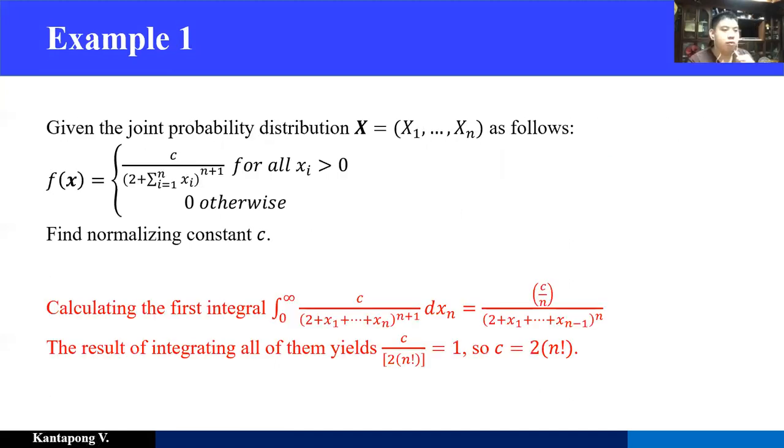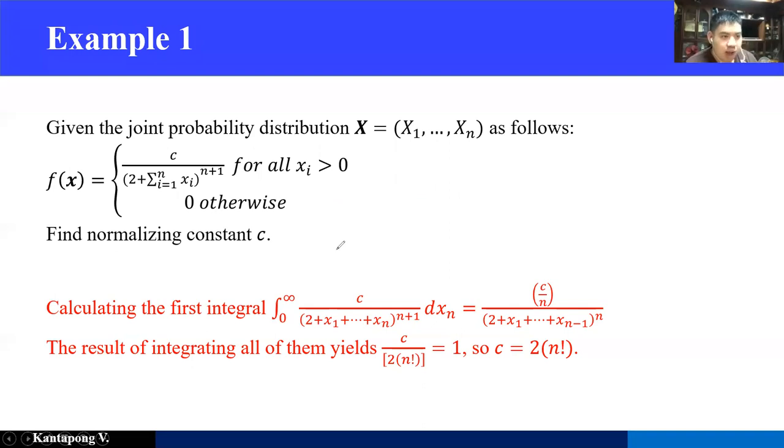So let's see the first example. Given the joint probability distribution of X as follows, find the normalizing constant C. If we want to find the normalizing constant C, we have to integrate, because we have to convert from the PDF to, let's say, something similar to the CDF.